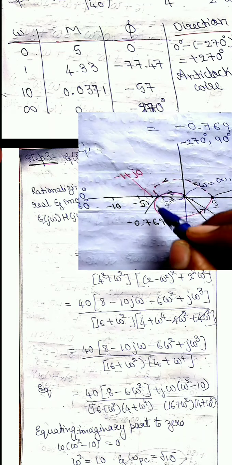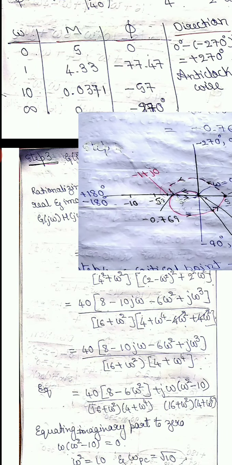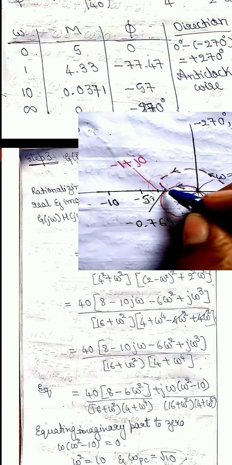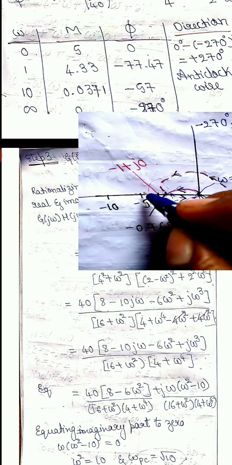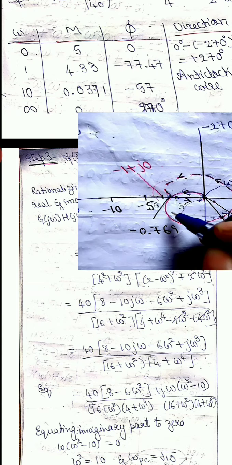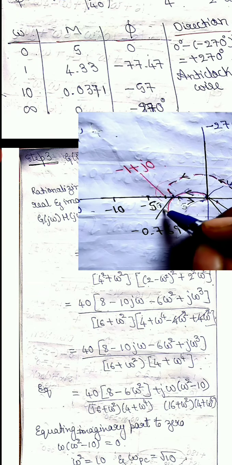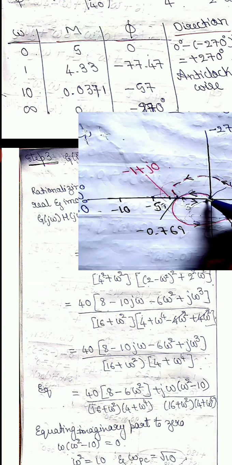Always remember, before joining the infinity point, on this axis, the Q point, if we get minus 5, then you should mark at this point and like this it will come.